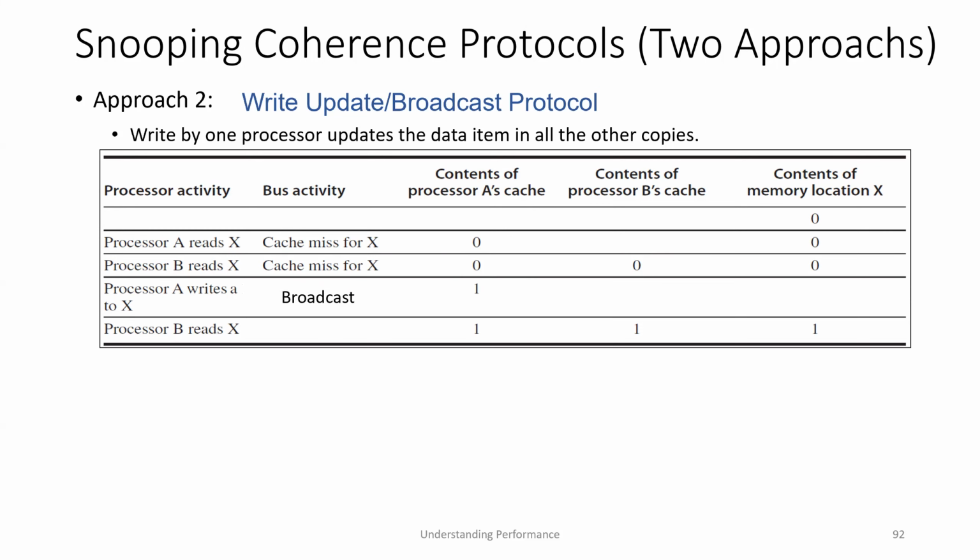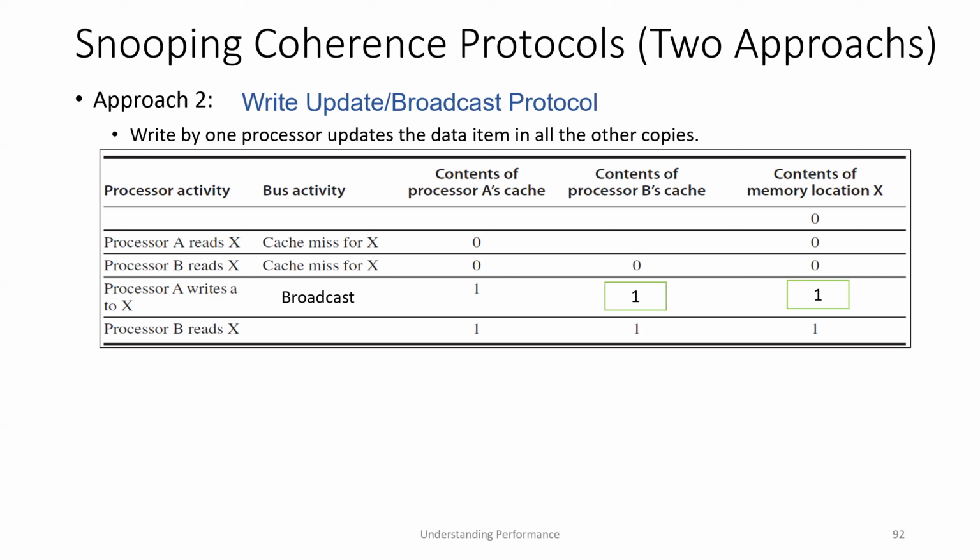And at that point, it will broadcast on the interconnection network saying that, hey, I'm updating this value X to 1. So all of them will update their individual local copies. So these are the two differences.